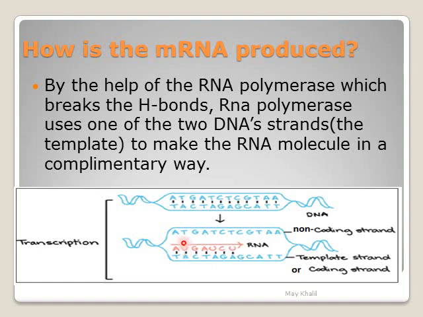So RNA is a complementary molecule to the DNA molecule, and as you see, if you compare it to the non-coding strand, you will see it's the same as the non-coding, but instead of T there is U. And here transcription is over and the messenger RNA is produced.